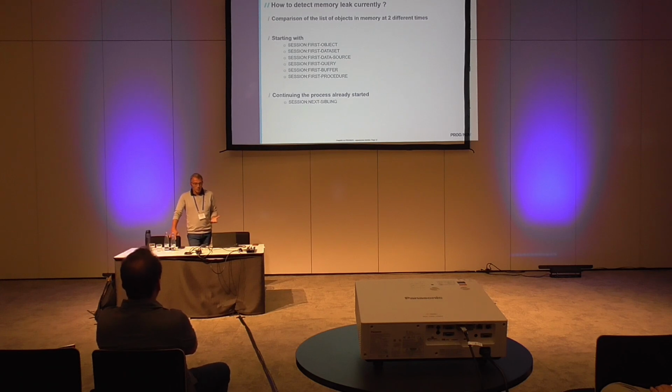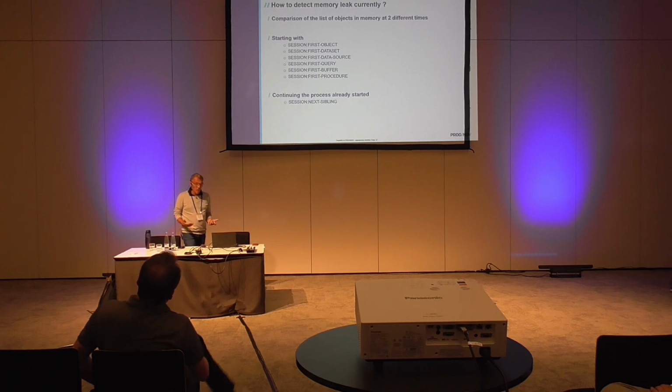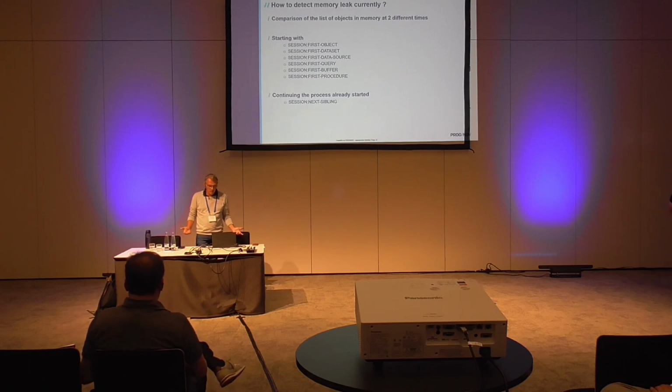But it was not always possible to know which procedure instantiated it. So where is the memory leak? We don't know. And the weight of each object was very difficult to know. Also, we have to run it, and if the session crashes, we are not able to run it.